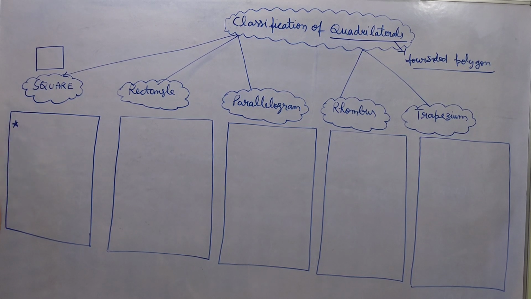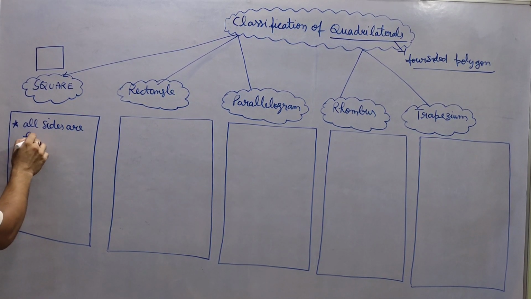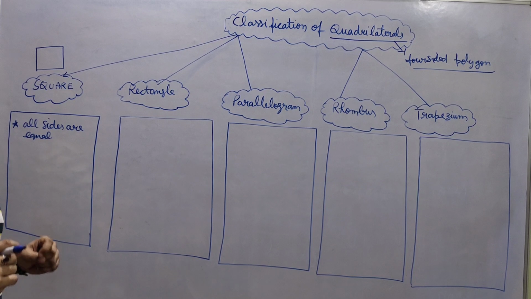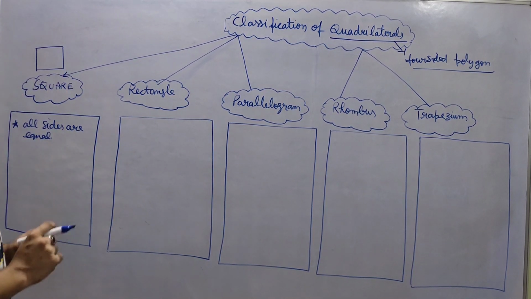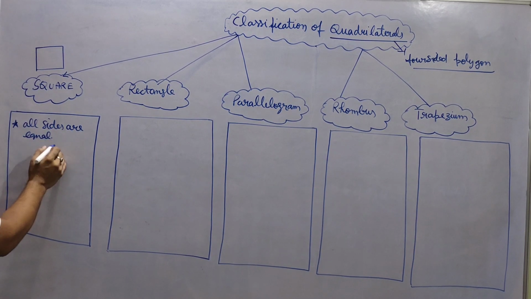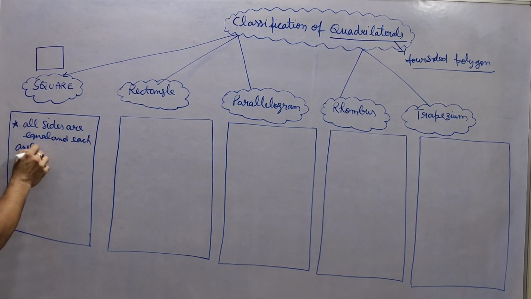The first property which a square has is that all sides are equal. And there is one more property which we have to check, because only by this condition we cannot say that it is a square. The other condition which will make it a square is that all the sides are equal and each angle is 90 degrees.